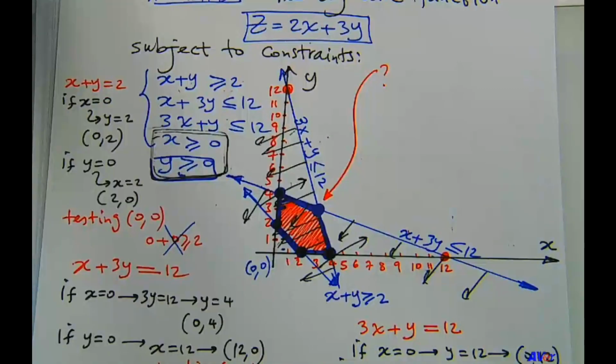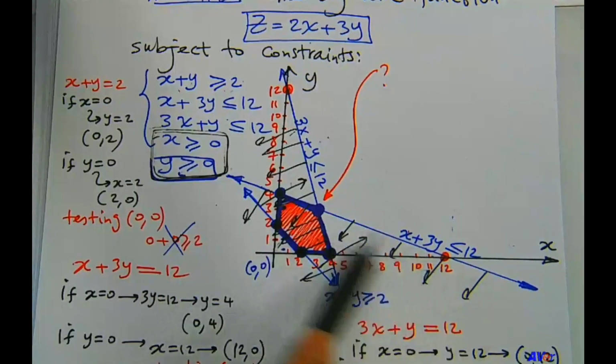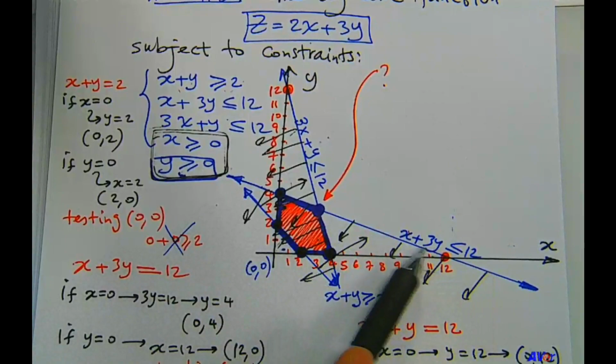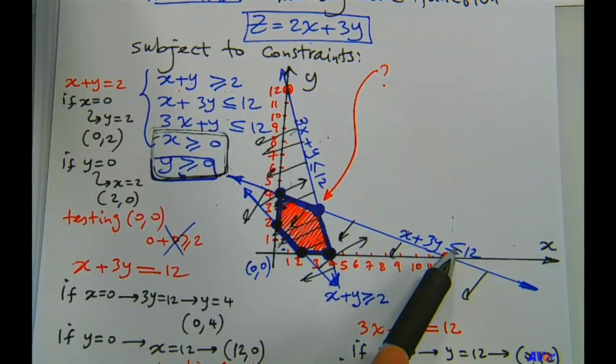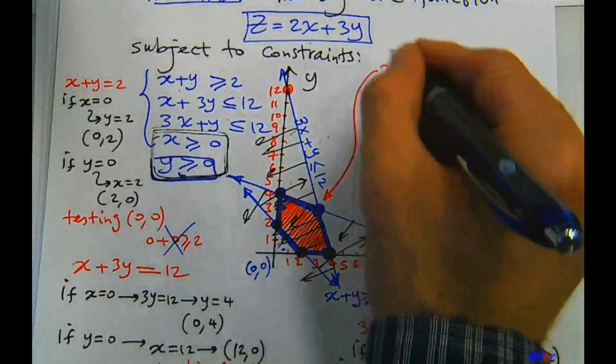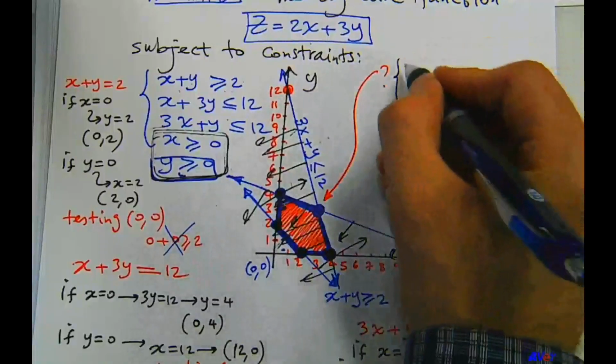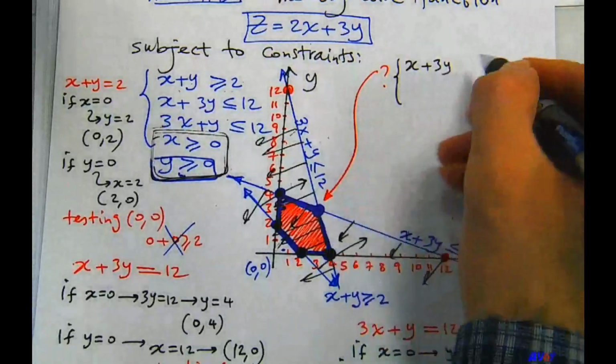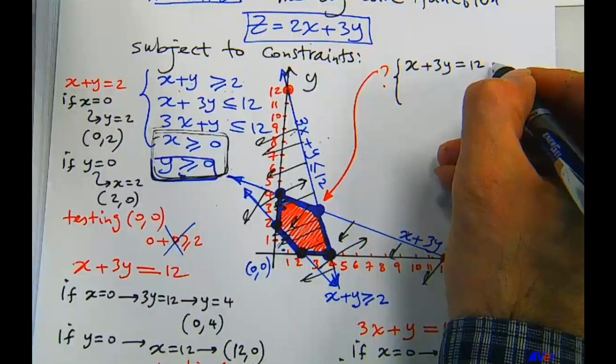So that point is the intersection of two lines. This one, if we replace this inequality with an equality, would be x + 3y = 12, right?